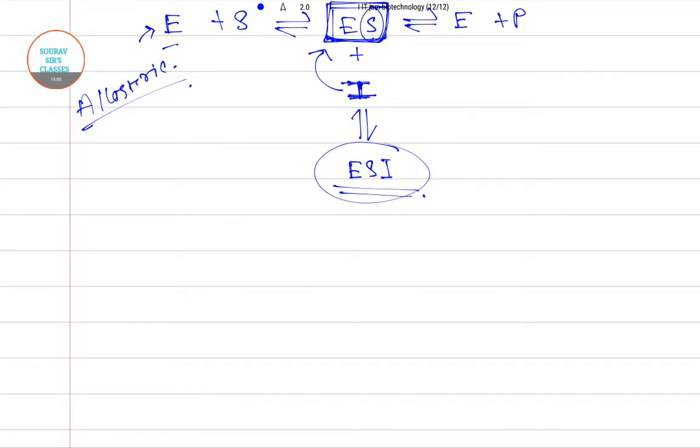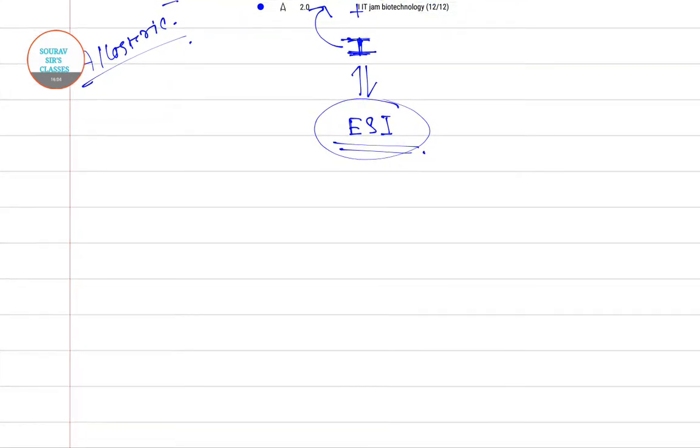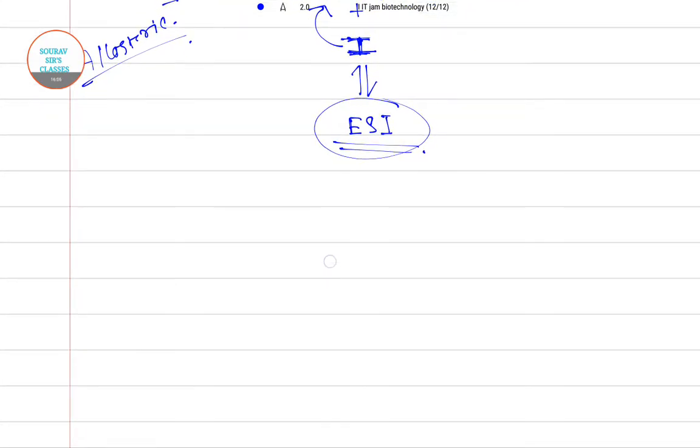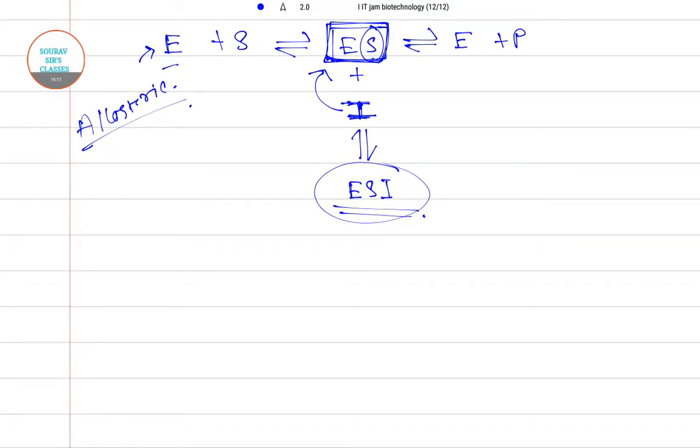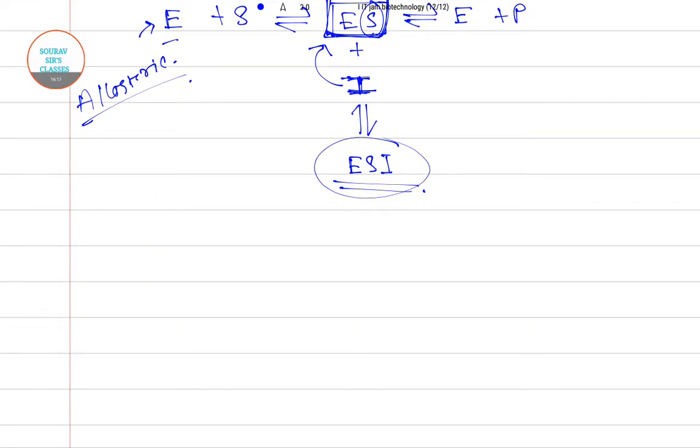So these were the three types of reversible inhibition: competitive, uncompetitive and non-competitive inhibitors.